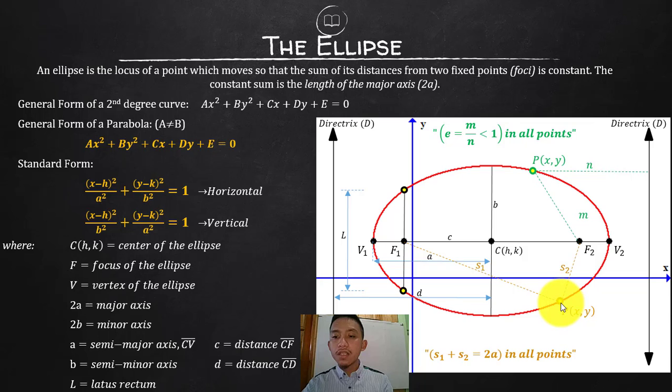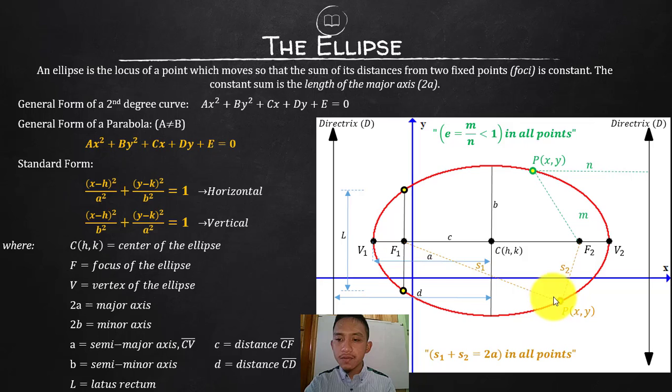If you get the distance to focus 1 and focus 2, according to the definition of an ellipse, the summation of S1 and S2 is always equal to 2A, which is the length of your major axis. So 2A is constant for any point.